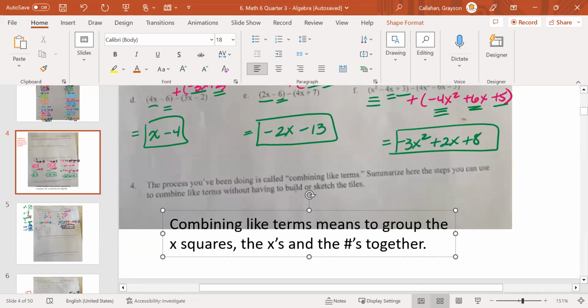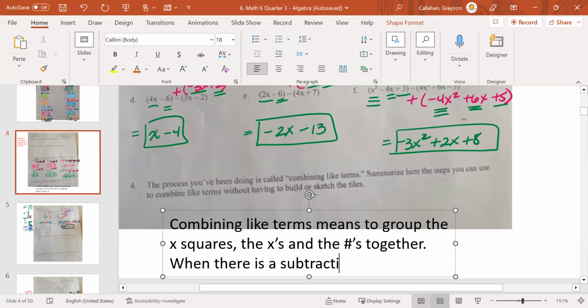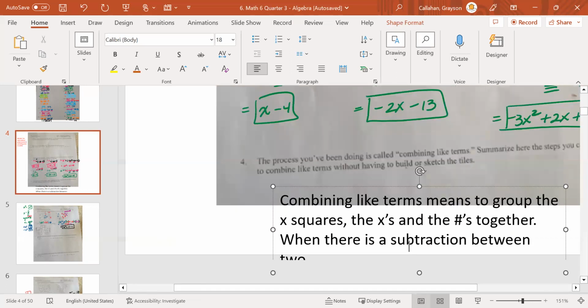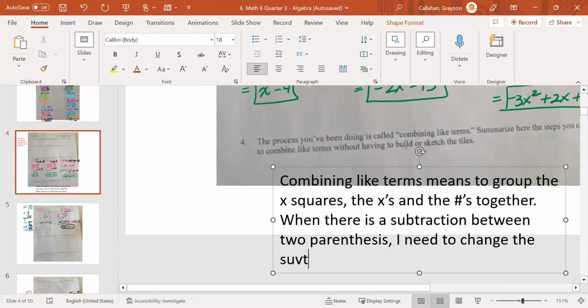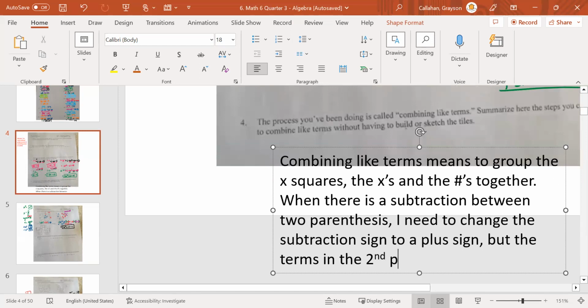Another thing you should also realize is that when there is a subtraction between two parentheses, I need to change the subtraction sign to a plus sign, but the terms in the second parenthesis will also change.